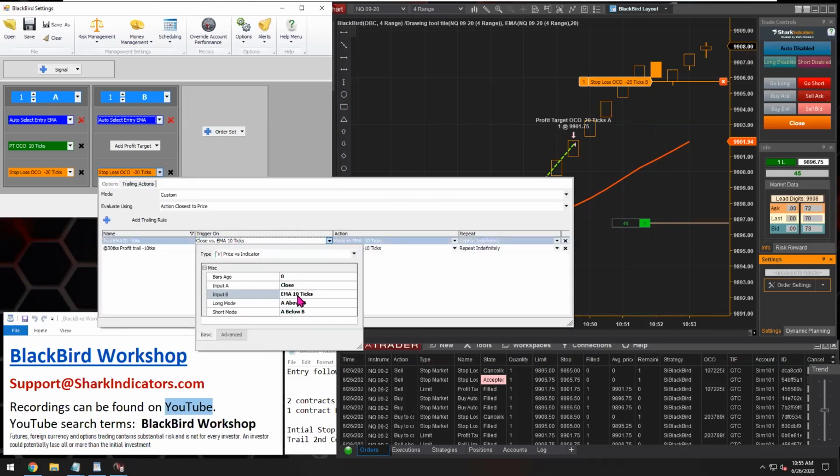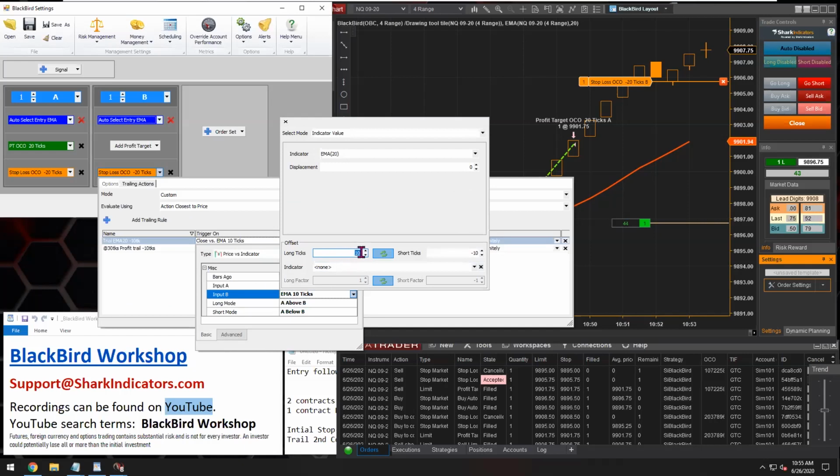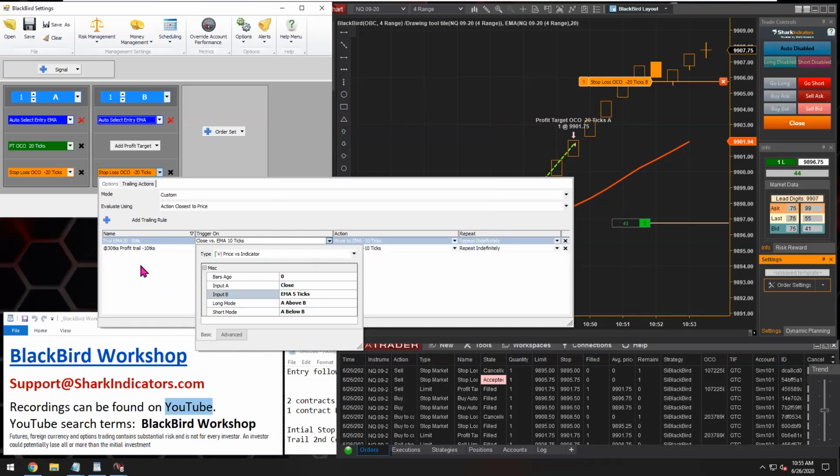We'll just go in here, and instead of making it a 10 tick offset from the EMA, maybe a 5 tick might be a little better. Of course, this is subjective. You'll just kind of have to do some testing to see on that.